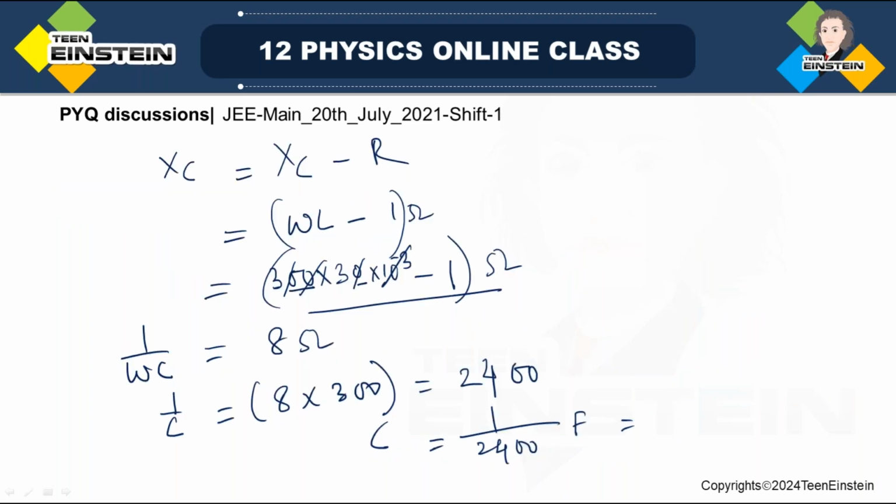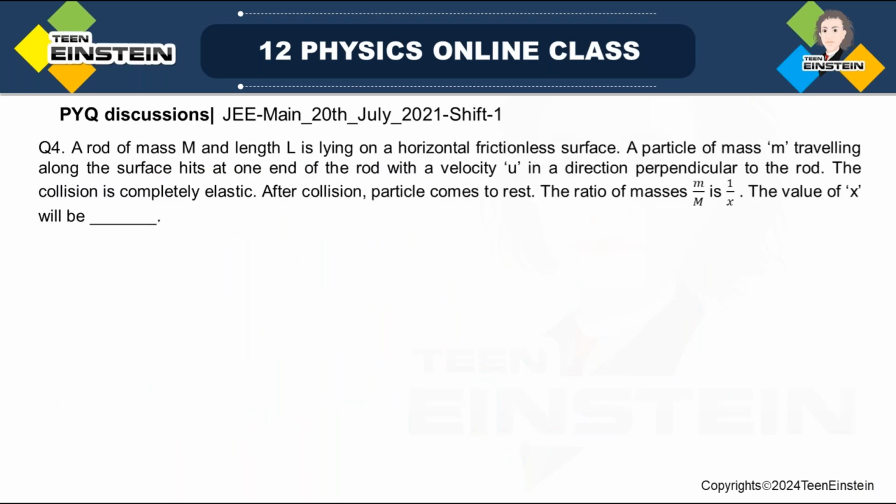Let us go to the next problem. This question says a rod of mass capital M and length capital L is lying on a horizontal frictionless surface. The situation is something like this: a frictionless horizontal surface.